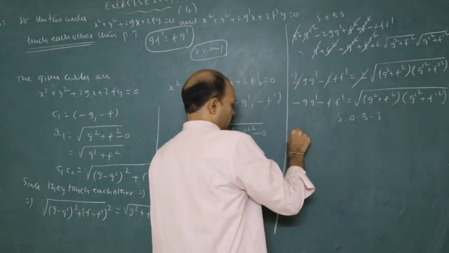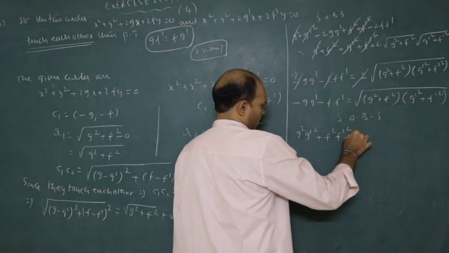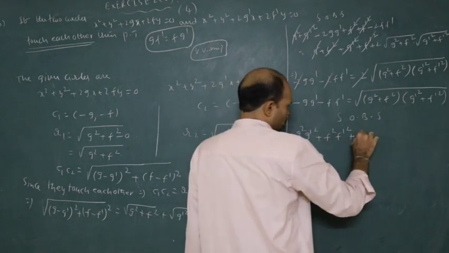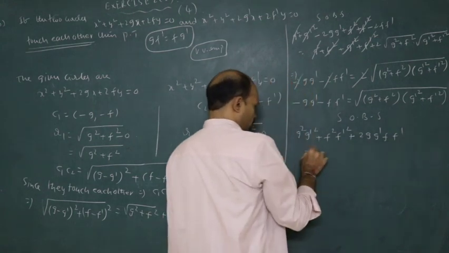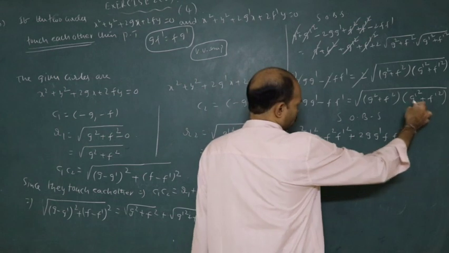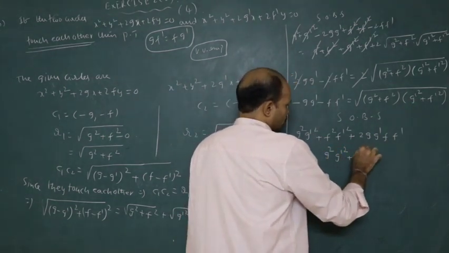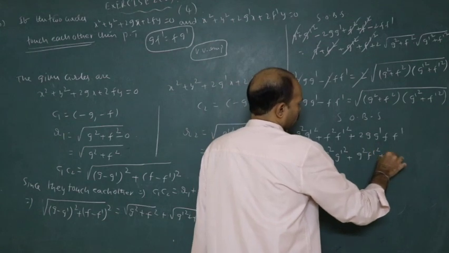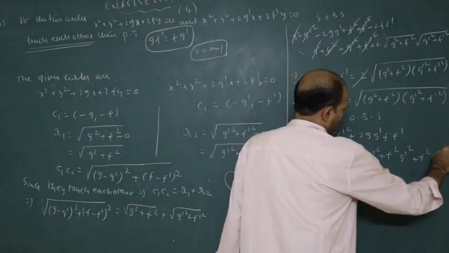Left hand side: g square g dash square, f square f dash square, plus 2gg dash ff dash. Coming to the right hand side, the square root gets eliminated. Multiplication of these two: g square g dash square, g square f dash square, f square g dash square, f square f dash square.